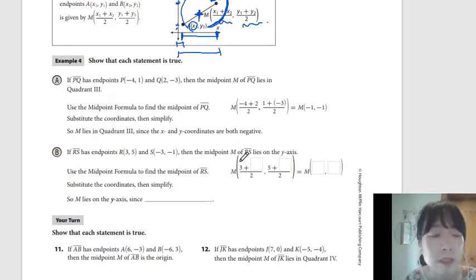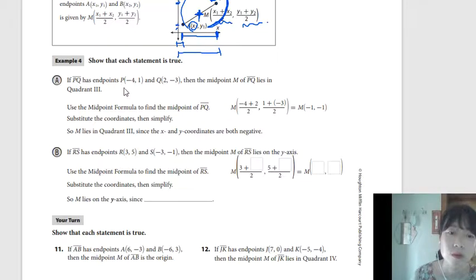A, if segment PQ has endpoints P (-4, 1) and Q (2, -3), then the midpoint M of segment PQ lies in quadrant 3. So we're going to show that this statement is true. We're going to use the midpoint formula to find the midpoint of PQ. We just need to add the x's together.